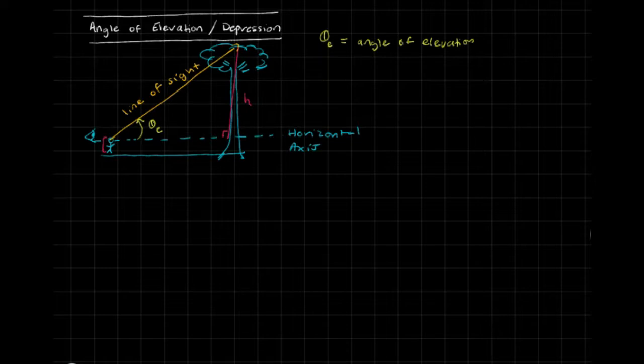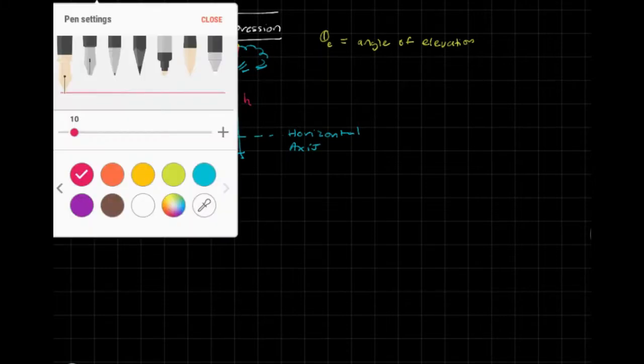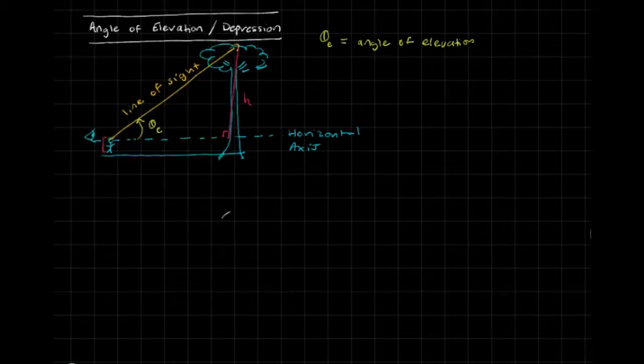Now, in the opposite scenario, say you're looking down on something. Like, let's say you're in a helicopter. And so let's say this is the helicopter that you're in. Okay, you're flying in the helicopter, looking down at someone on the ground. Okay, so this is the person sitting on the ground or standing on the ground, wherever.